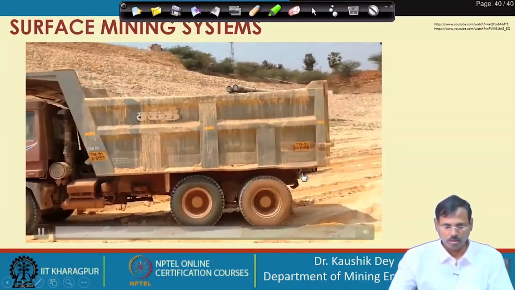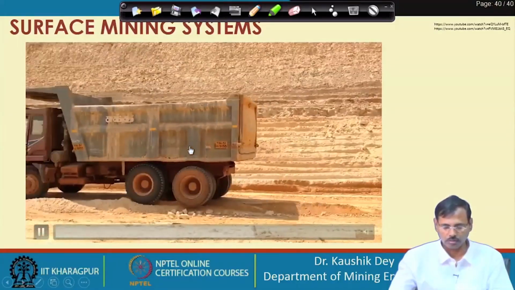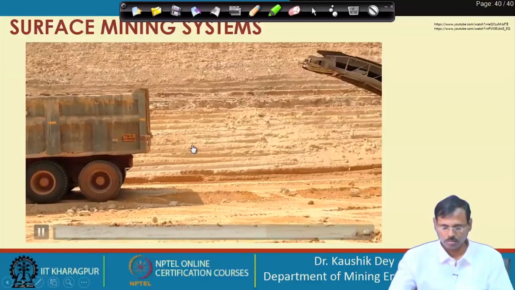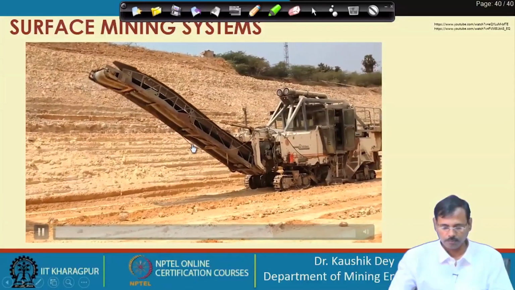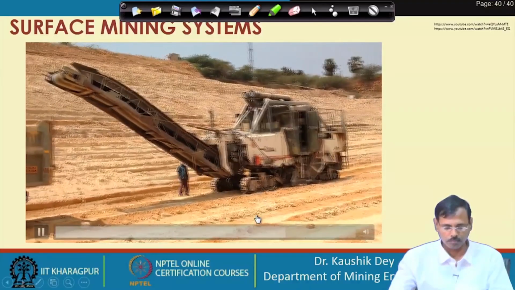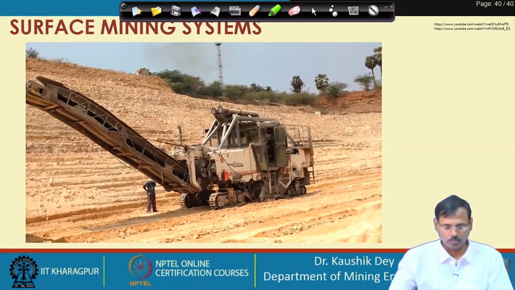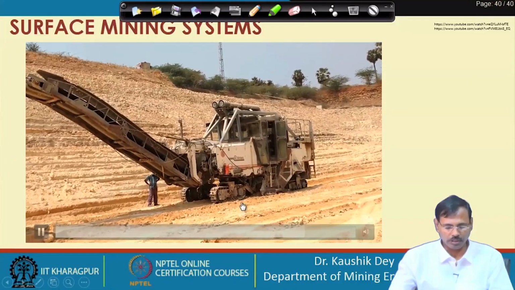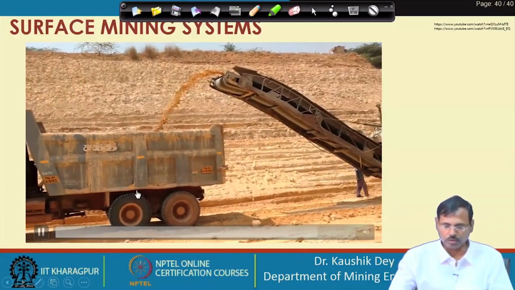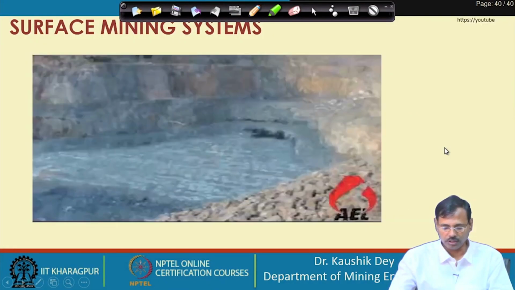So, now the surface miner will start loading onto this dumper. So, the surface miner again starts its excavation and dumping the material onto the dumper. So, here the continuous excavation is going on and the discrete transportation system is made.